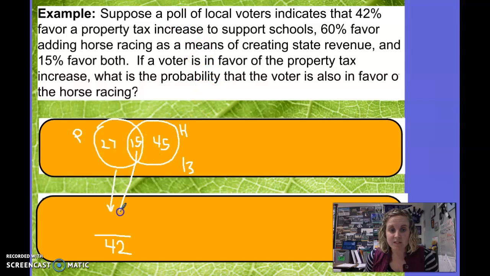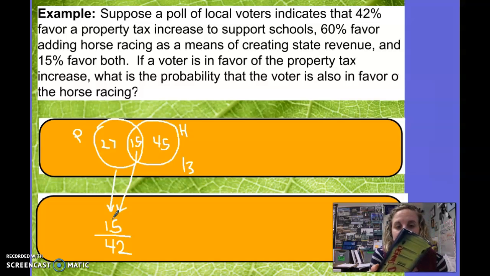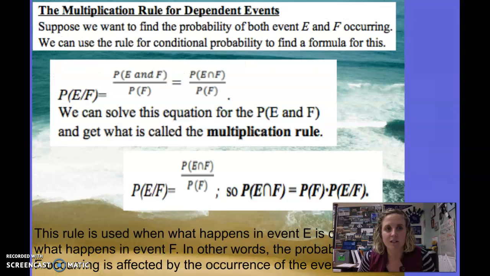Well, that is the 15%. So we've got 15% out of 42%. If I quickly divide that, we get 37.5, no, I lied, 35.7%. And that would be my final answer. 15 of the 42% are in favor of both. So this is conditional probability.